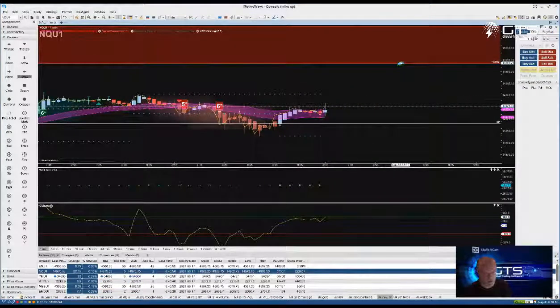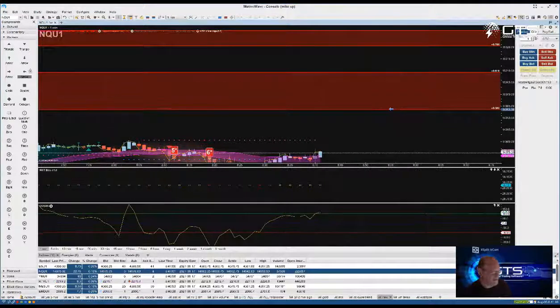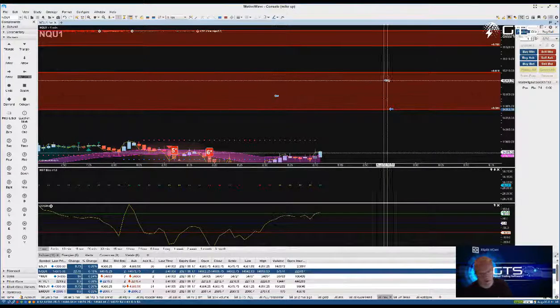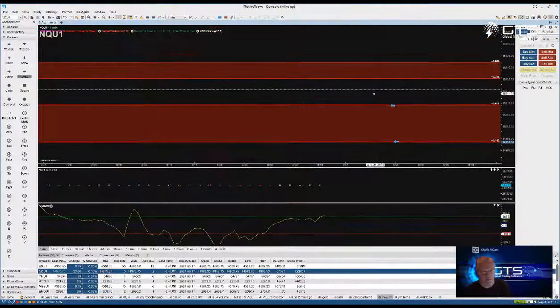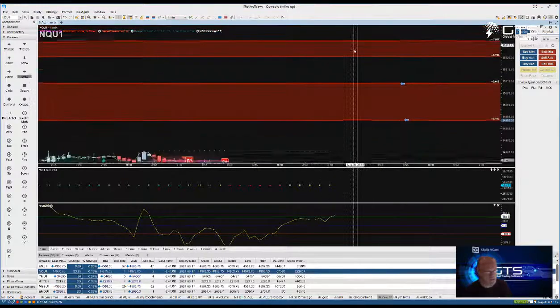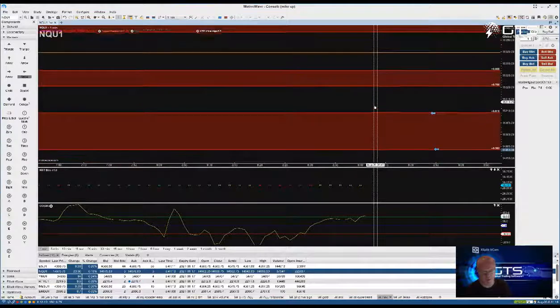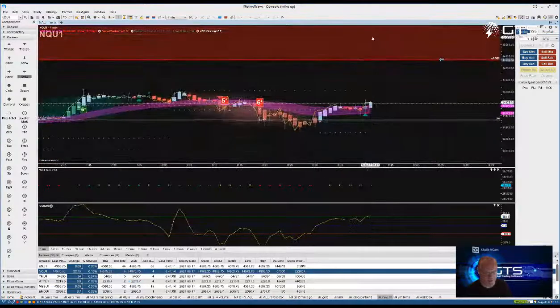That'll be where we'll be trying to go to first. And the second will be 15.10. It really breaks out. It's going to go way up here, the 35 area.